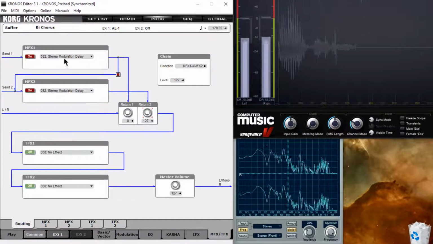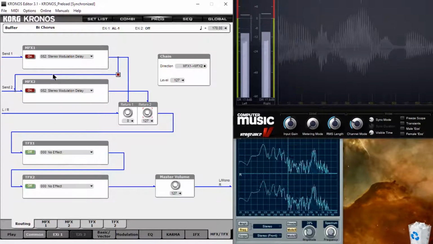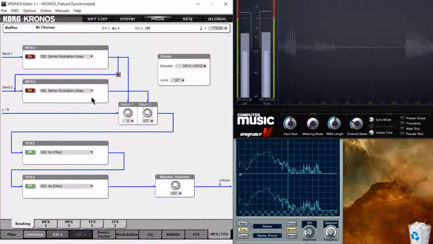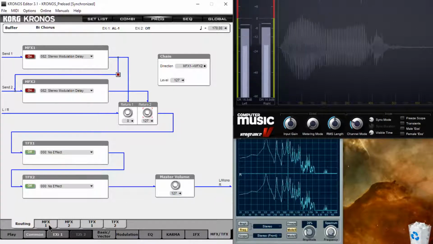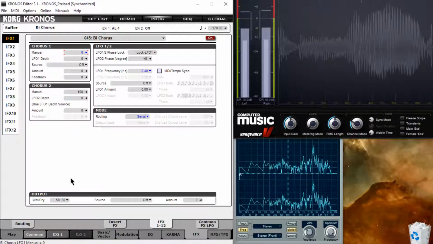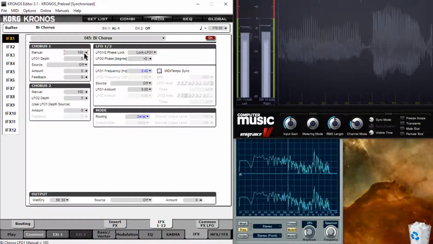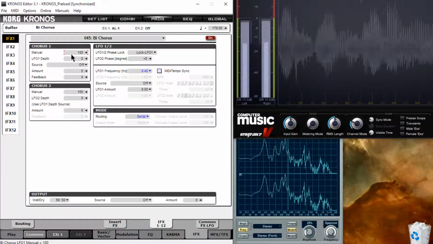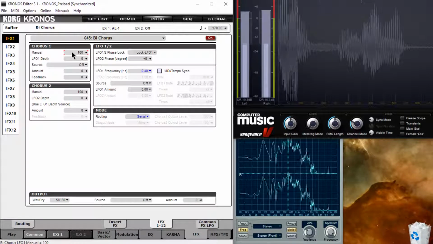For the master effects, I am using mod delays because I want to show what's happening with something besides the same effect unit. An important thing to note here is that this 0 to 100 manual time control is not a measurement of milliseconds. This is a percentage of 25 milliseconds.